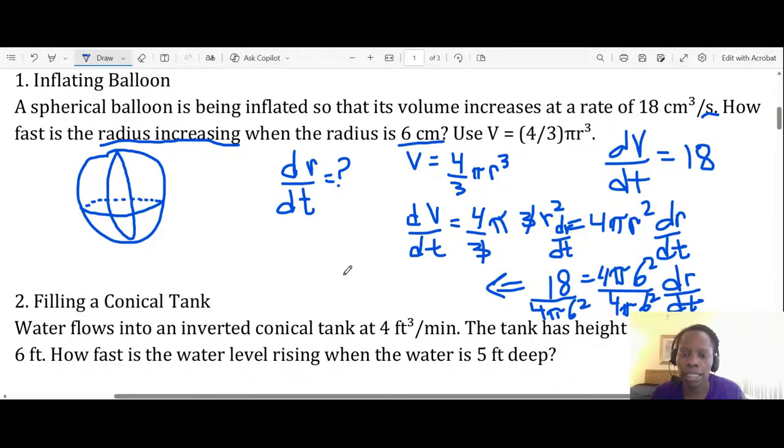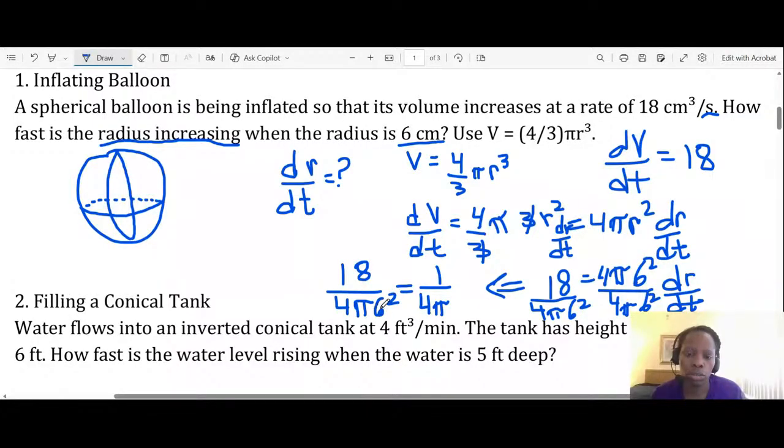So 18 over 4 pi times 36 is actually 1 over 4 pi, and if we remove a factor of 18 from 36, what are we left with?